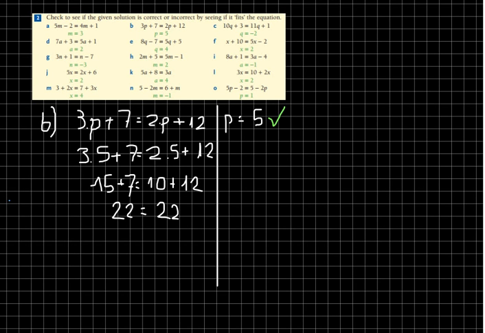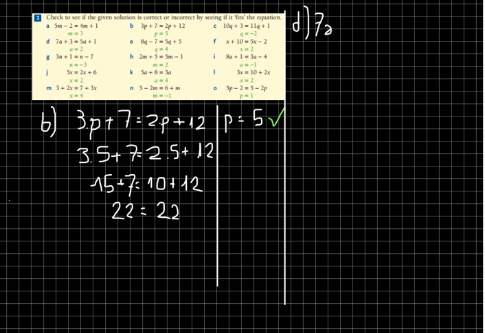If you try to isolate this equation, if you try to solve this equation, the answer will be p equals 5. Let's try to solve one more. This time I'm going to work with exercise D. In D we have 7a plus 3 equals 5a plus 1.